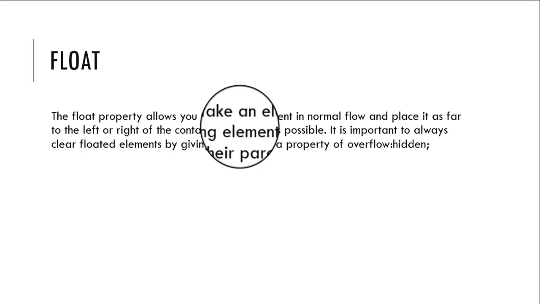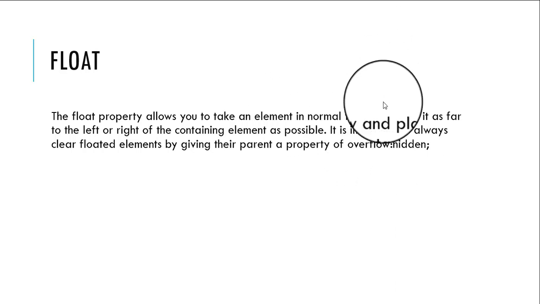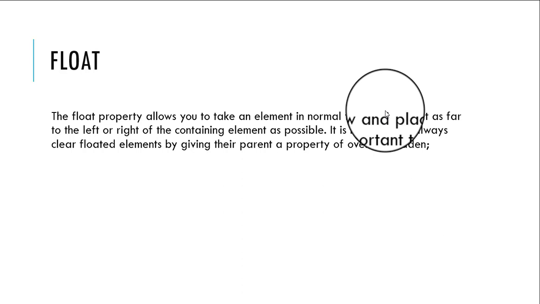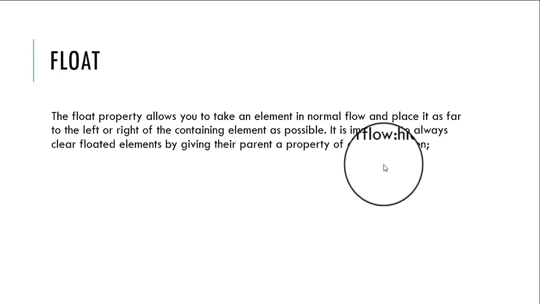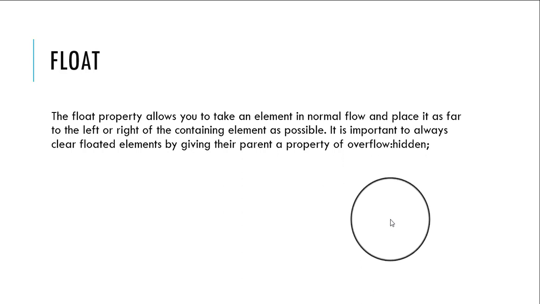So we're going to be talking next about the float property. The float property allows you to take an element in the normal flow and place it on the left or right of the containing element as far as possible. It is important to always clear the floated element by giving the parent a property of overflow hidden.